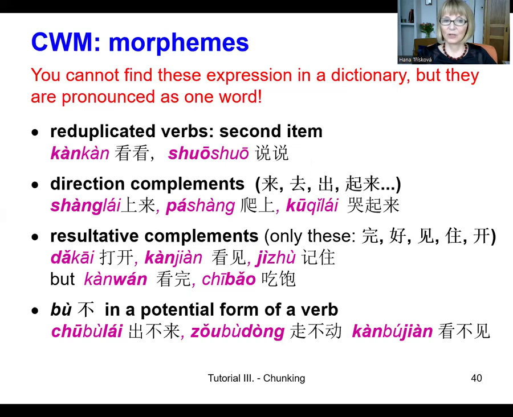Then some resultative complements, 打开, 看见, 记住. But watch out, some resultative complements keep full pronunciation. 看完, 吃饱. So the situation is more complicated than with directional complements, which are always weak. Then a negative 不 in a potential form of a verb. 出不来, 走不动, 看不见.